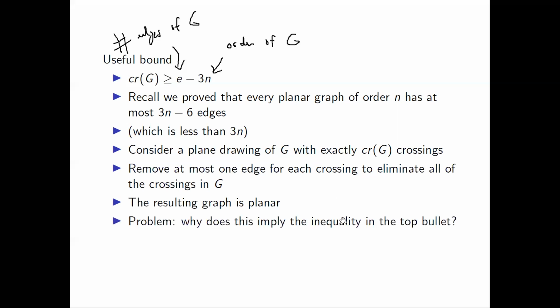And so I leave you with a problem. Given what we've just discussed, this operation where we started with this plane drawing of G with CR of G crossings, and then removed at most an edge for each crossing in order to turn this graph into a planar graph, why can we then conclude the inequality in the top bullet?